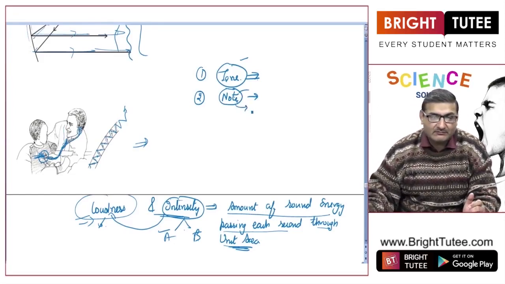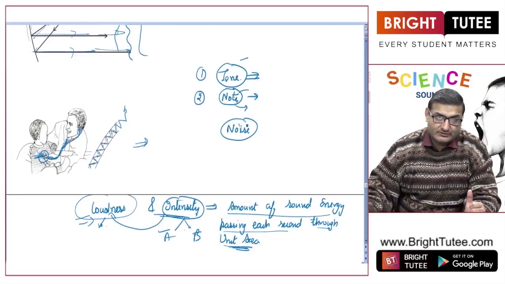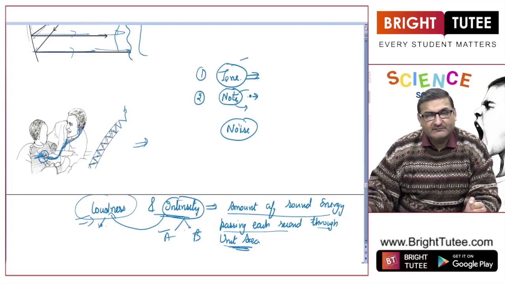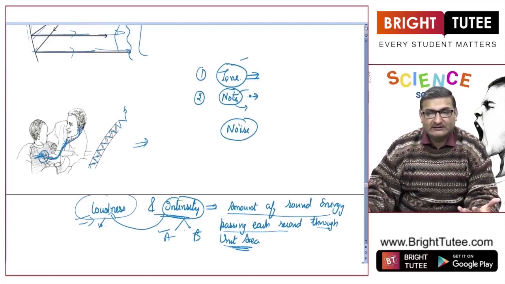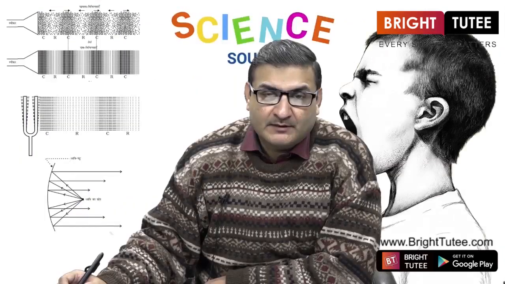It is musical sound, different notes we talk about. And if it is an unpleasant sound, we call it noise, not notes, right? So, these are a few terms which are used when we talk about sound waves: the tone, the note, the intensity, the frequency, the loudness, everything, right?